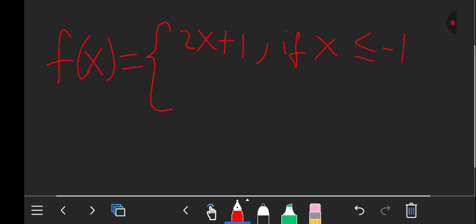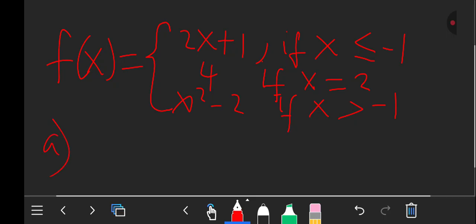Then the second one, let's have 4 if x is equal to 2. And also let's have x squared minus 2 if x is greater than negative 1. So this is the piecewise function we have.